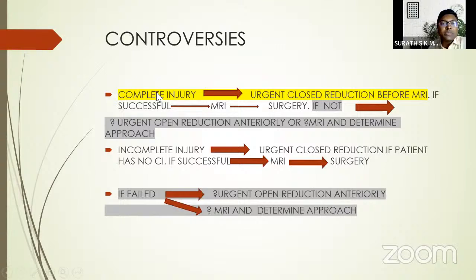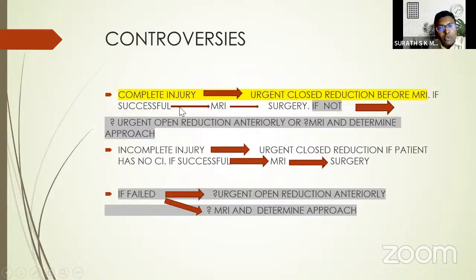If the patient is presenting with a complete injury, I believe there is no harm in trying urgent closed reduction before an MRI, because there is nothing for us to lose, as the patient has a complete injury. So in that case, we need to go for a closed reduction as early as possible.